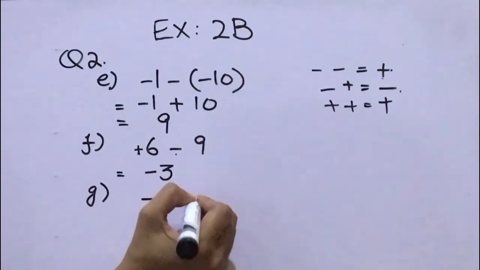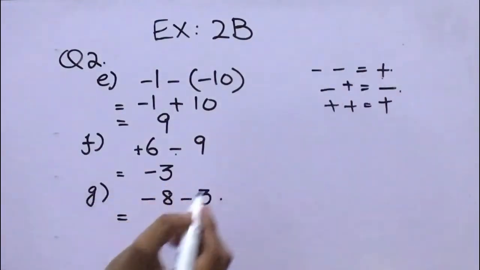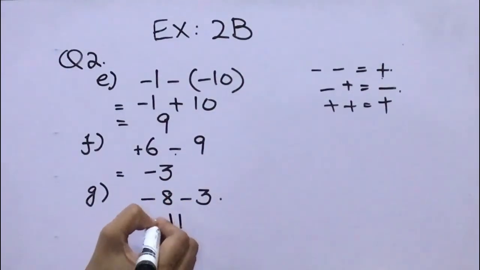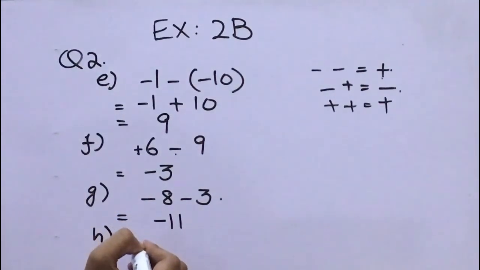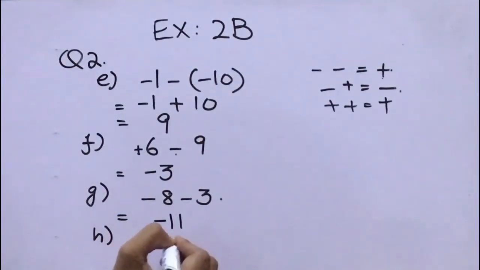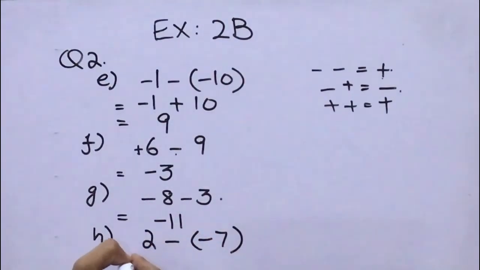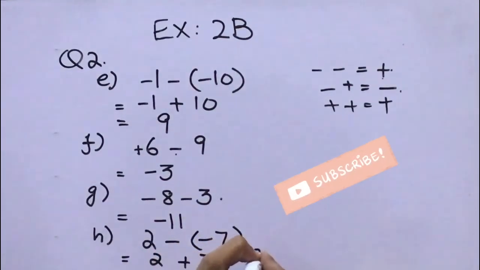Minus 8 minus minus 3. Minus minus plus. So 8, 9, 10, 11. Minus 11. H part. 2 minus minus 7 is equal to 2 minus plus 7, and the answer will be 9.